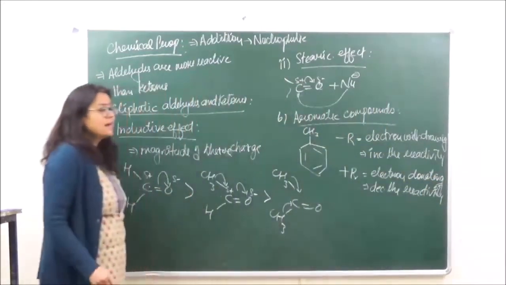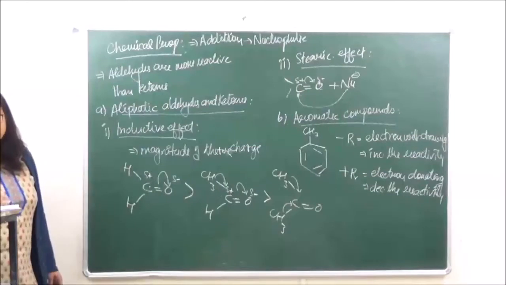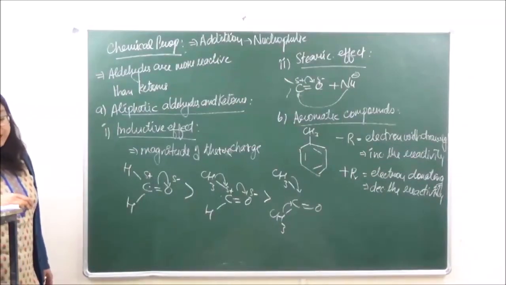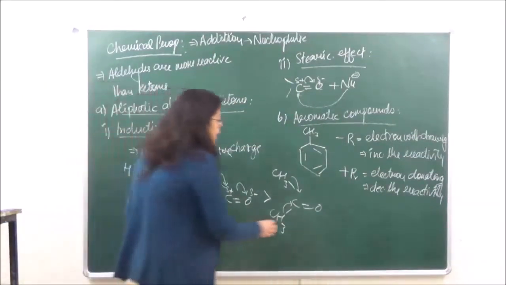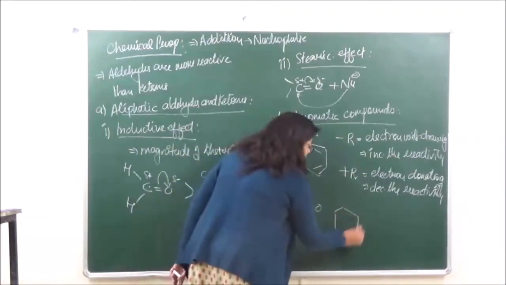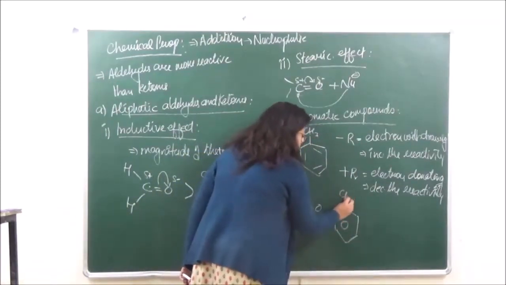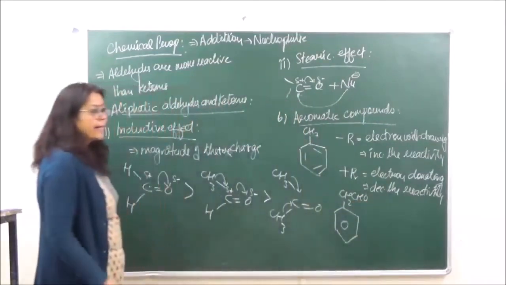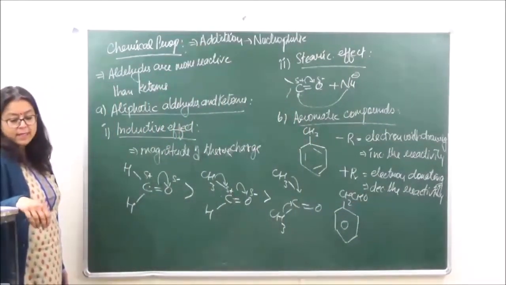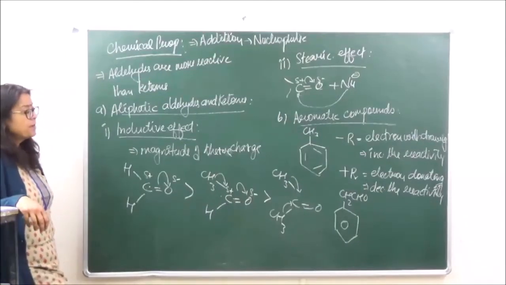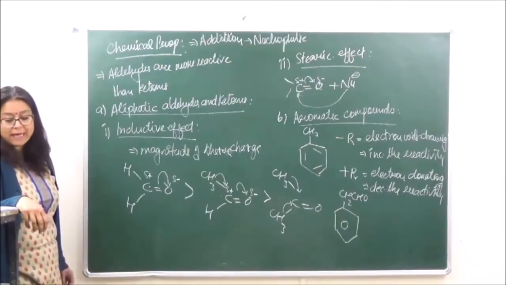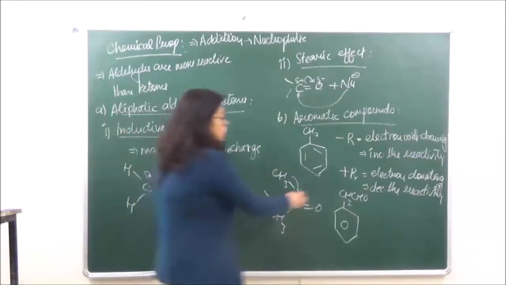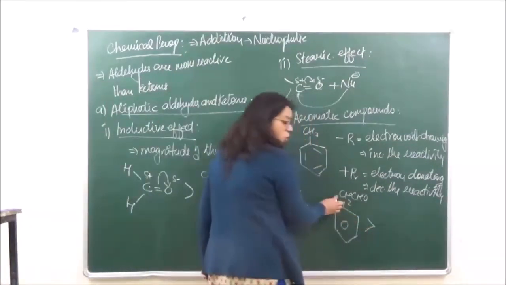So if there are plus R groups, electron donating groups present, that will decrease the reactivity. So in that case, if we have CH2CHO, an aldehydic group, in this case the aldehydic group is going to have the maximum reactivity because of the CH2 group present over here.